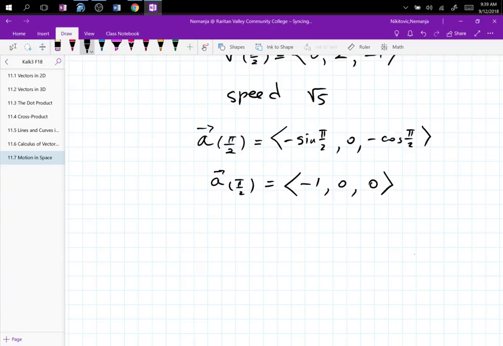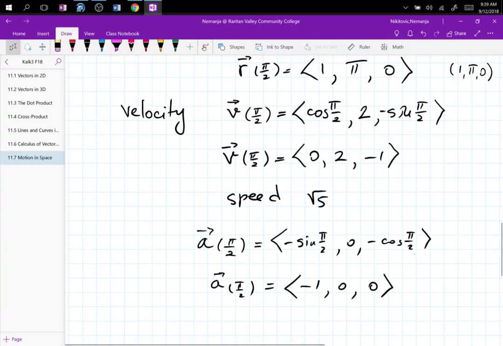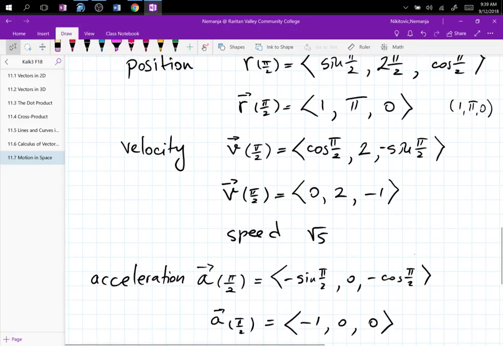And that's acceleration. Now this is the acceleration vector, right? So we have position, velocity, we know speed from before.